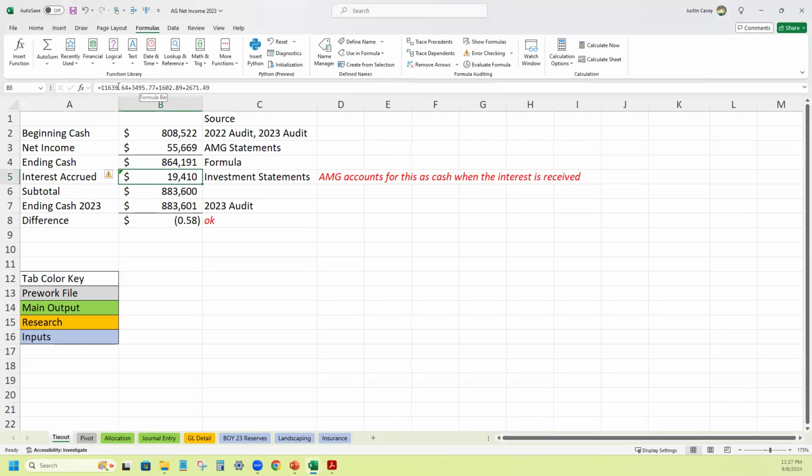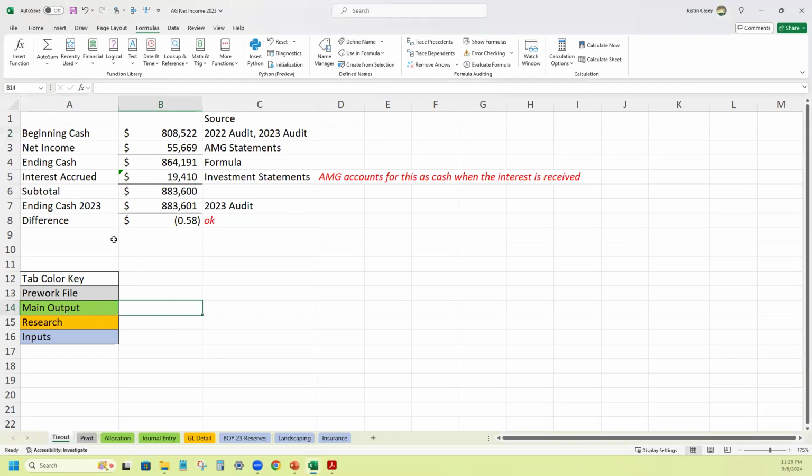Just adding those numbers gets us our reconciling item that allows us to agree the AMG statements to ending cash. And after we pin beginning cash and ending cash to the external audit financial statements, we can begin the next phase of the net income calculation.